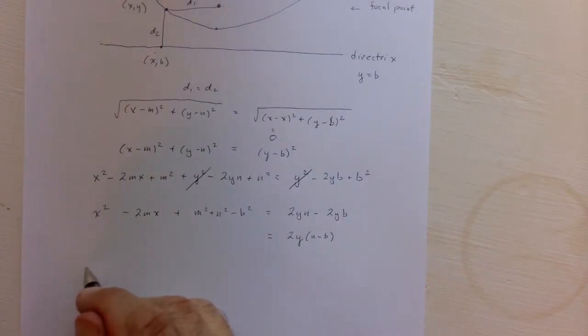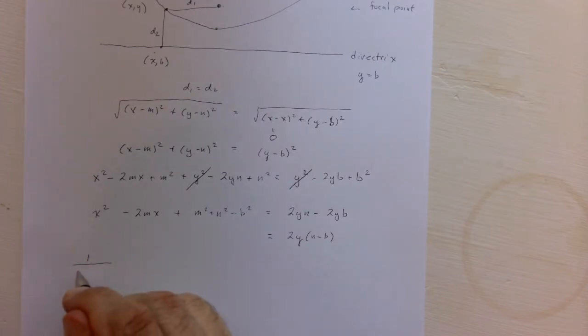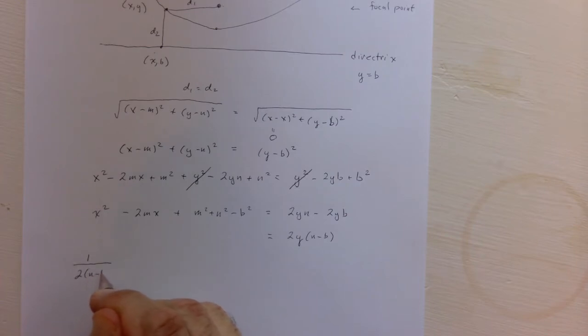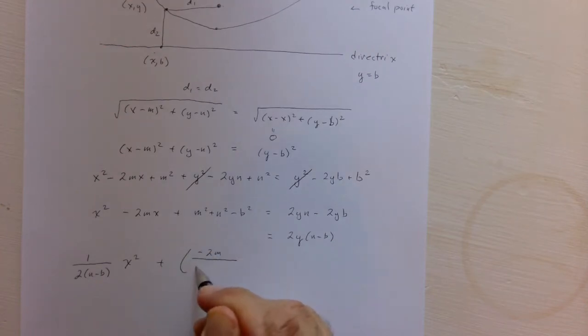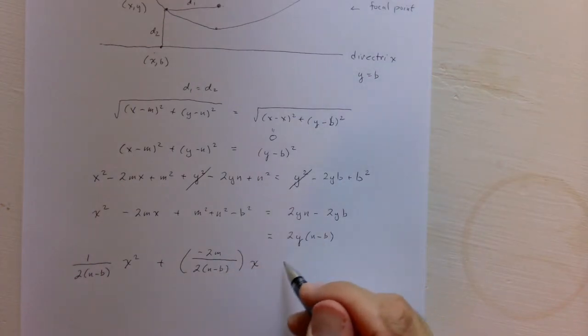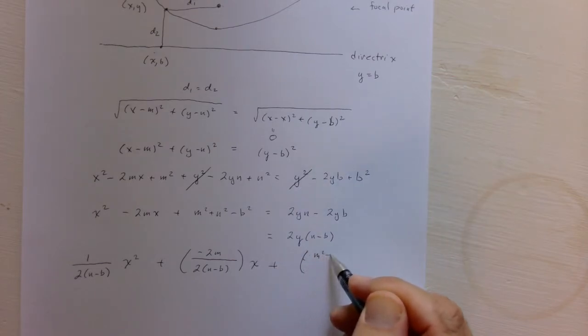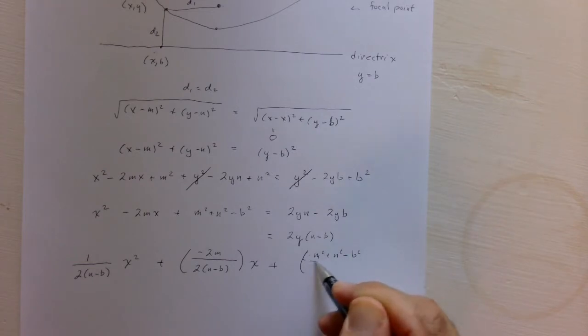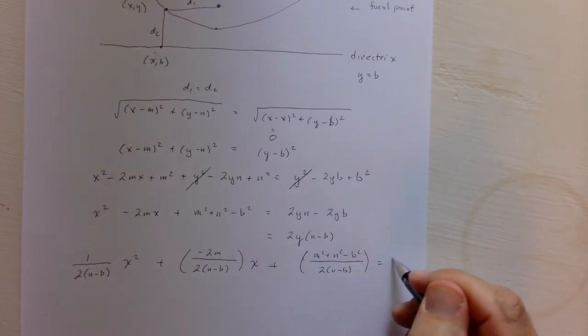What happens then is we get 1 over 2(n minus b) times x squared, plus negative 2m over 2(n minus b) times x, plus (m squared plus n squared minus b squared) over 2(n minus b), and that's equal to y.